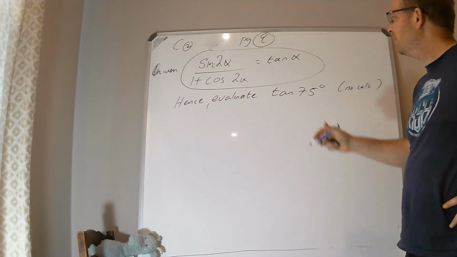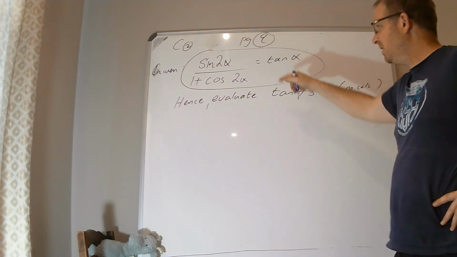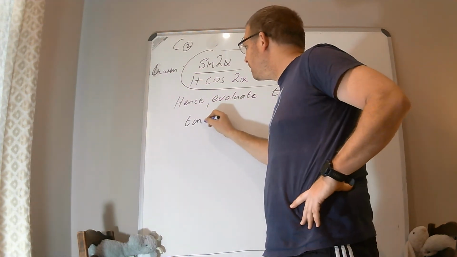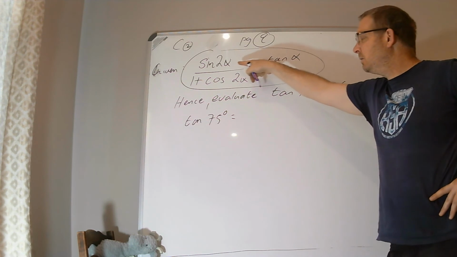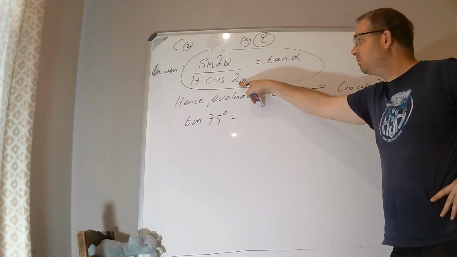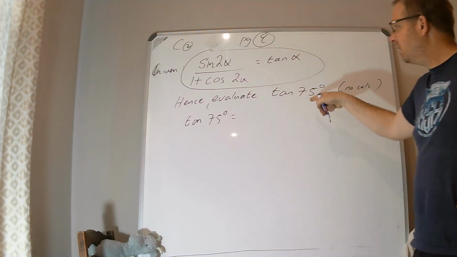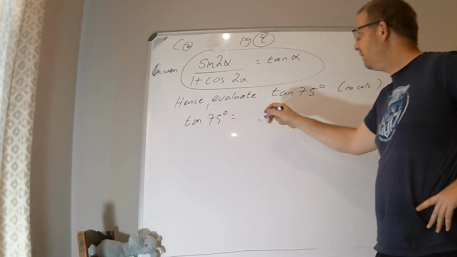Right. So, using this logic, what we proved is that tan of an angle is equal to sine of 2 times the angle over 1 plus cos of 2 times that angle. So what's tan of 75 going to be?